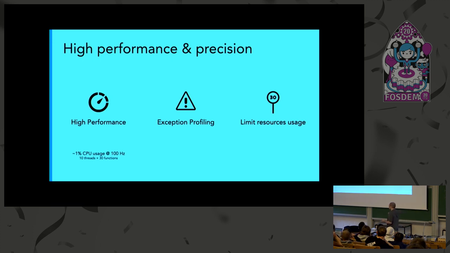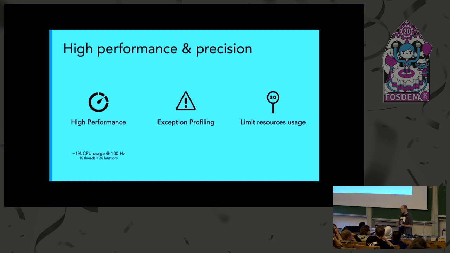So it's already a pretty good thing to get, and it can actually get a bit cheaper because the way it works, you sleep every 10 milliseconds, but you can increase that amount of sleeping. So if you want to have less impact on your performance, you can dynamically adapt your sleeping time.